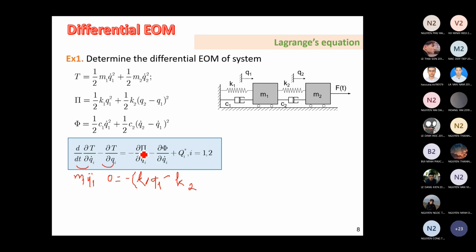minus K2, we have Q2 in the brackets minus Q1, and minus the similar thing, C1 Q1 dot, minus C2 times Q2 dot minus Q1 dot.